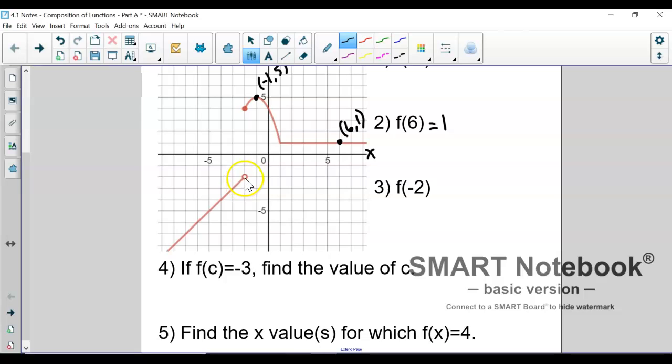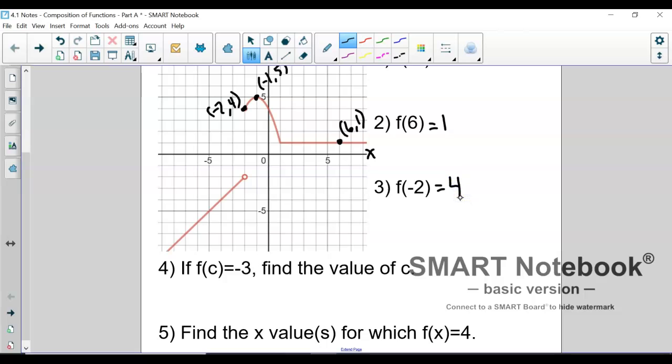Right down here we have the open circle. That is not what we're going to use. We're going to use the colored in circle, which is right here. So we're looking at this point on the graph, and the coordinates of that point are -2, 4. So the y coordinate there would be 4, and our answer for number 3 would be 4.